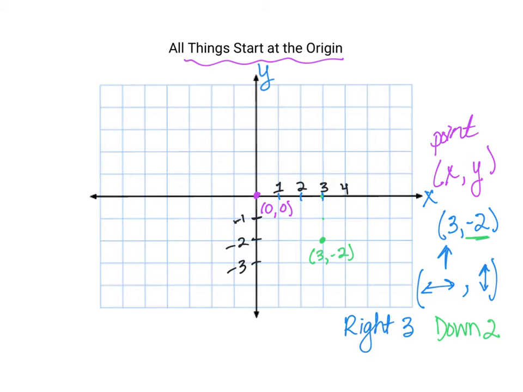I can also see that 3, well, if I take this point and I kind of draw a little line, oh, I see that it lines up with the 3 on the x-axis. And I can make my little dashed line over and see, oh, this -2 lines up with the -2 on the y-axis. So it should also line up when you are plotting a point.